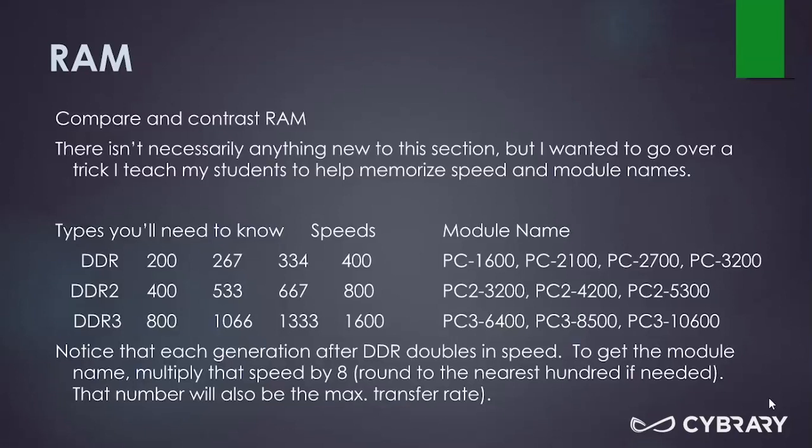The PC prefix has a number following it that follows the generation of DDR that we're talking about. So DDR2, the module name will be prefixed with PC2. DDR3 will be prefixed with PC3, and then you just multiply by 8 and do the rounding thing, and you'll get the numbers.